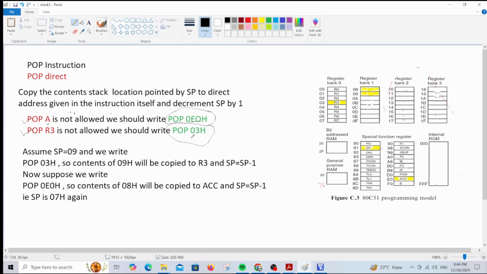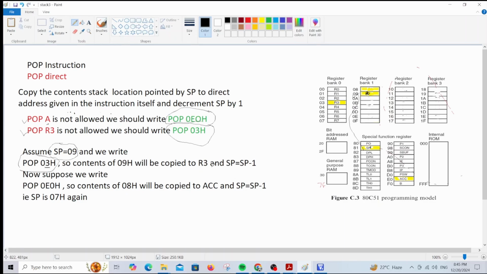Now we start from an initial condition. Suppose the stack pointer is showing 09. So this is your stack pointer and it is showing the address 09 here. The stack pointer is pointing to this address 09. Now you write an instruction pop 03. What will happen? Whatever location is pointed to by the stack pointer has some contents, and those contents will be popped into 03.